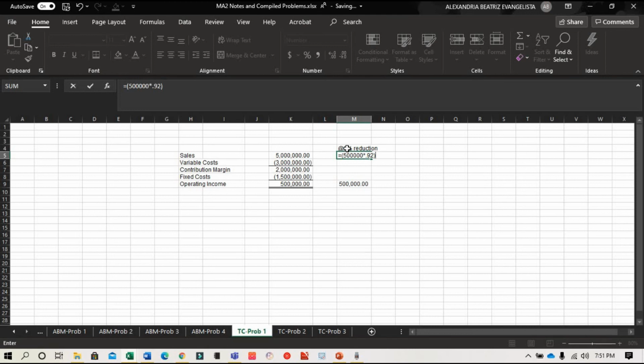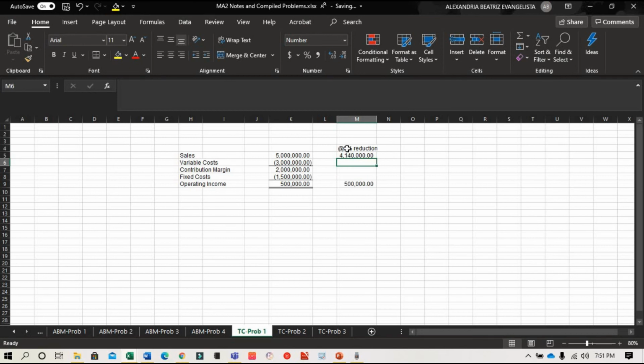Why do we have to multiply it by 0.92? Because again, based on the problem, they want to temper the sales drop from 15% to 8%. So the 0.92 pertains to the reduction in sales or the units produced. And then we're going to multiply it by 10 minus 1 because it is also stated in the problem that they plan to reduce the selling price by 1. So that would give us the new sales, which is 4,140,000.